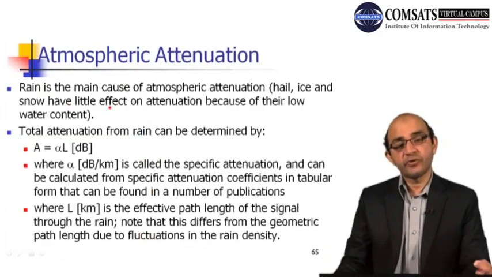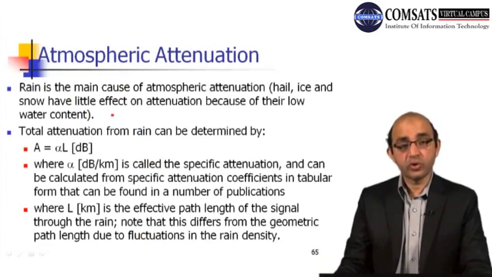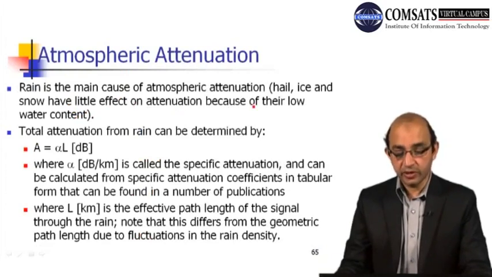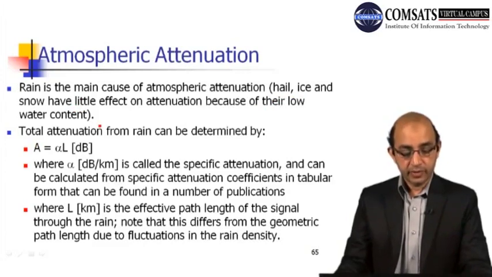So rain is one of the main causes of atmospheric attenuation, as opposed to ice and snow, which have little effect on attenuation because of their water content.